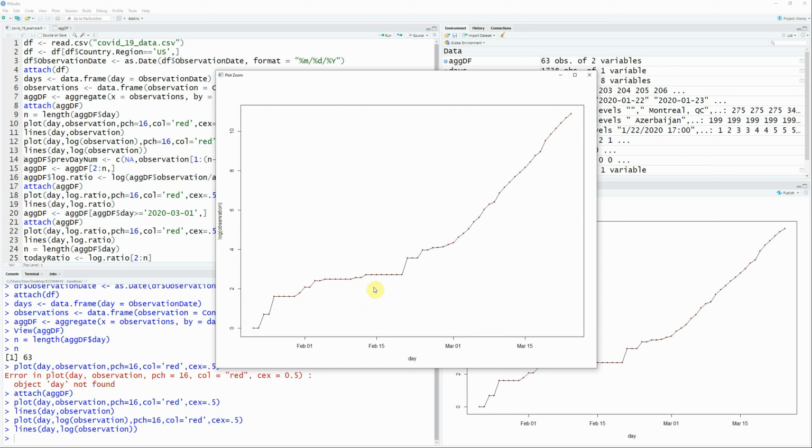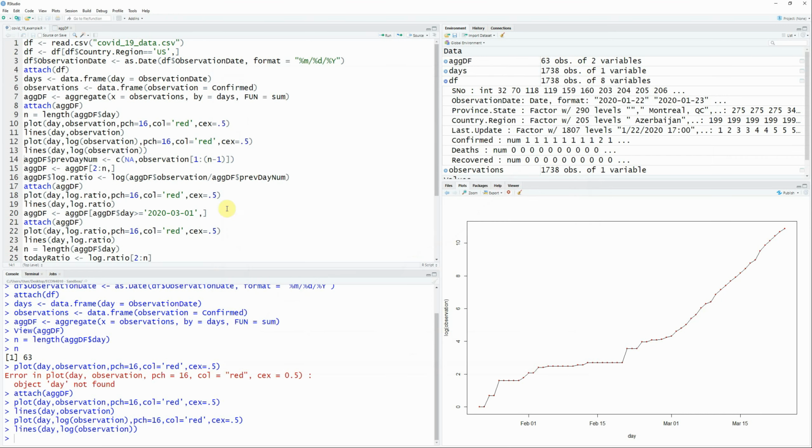Anyways, a low number of observations, probably hitting around 100 in this region, and then we can see that it's going up in a very linear form for this region for a while, from late February and forward. So this also helps us see that definitely the log transform is making things look much better.